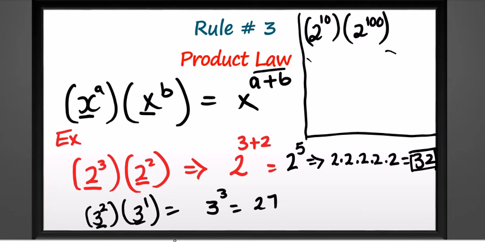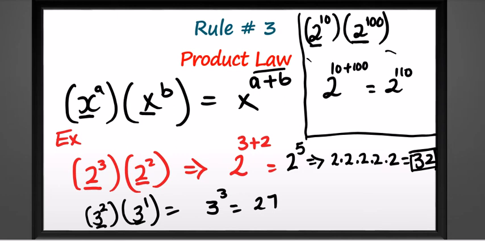That's why we have a law to write the numbers in simple form. Based on the law, you keep the base as it is, you add the exponent. So what is 10 plus 100? It will be 2 to the power 110. I just randomly gave you an example. This number makes more sense than writing 2 with 110 zeros.